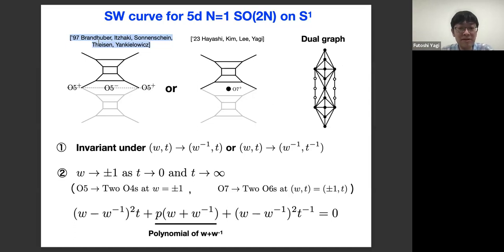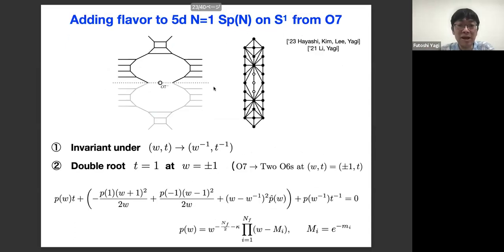Because of this, the Seiberg-Witten curve for Sp from the current viewpoint was not correct, and the correct one was not written down until very recently, when my collaborator and I wrote it down explicitly.